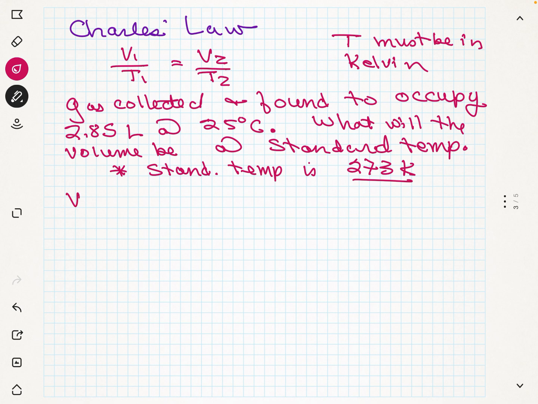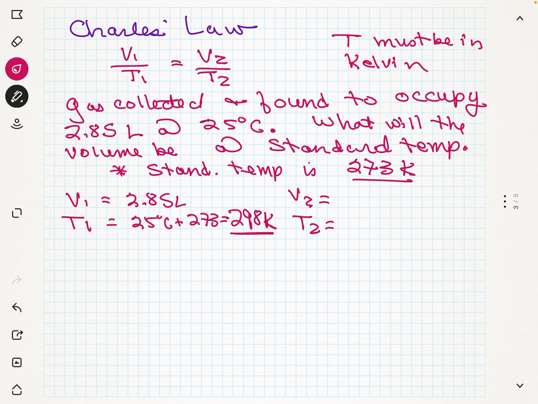Again, I'm going to label all my variables with units. I always do these the same way. I'm given 2.85 liters, and this will be 25 degrees C plus 273 equals 298 Kelvin.